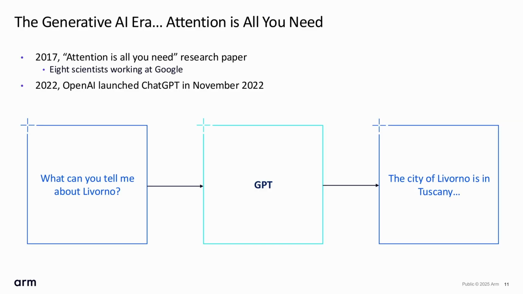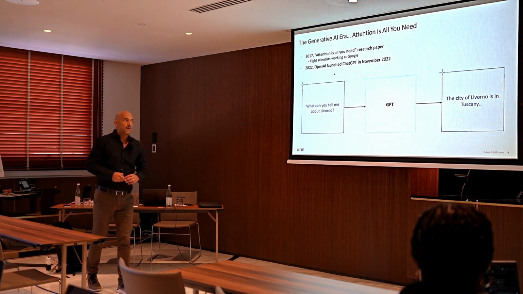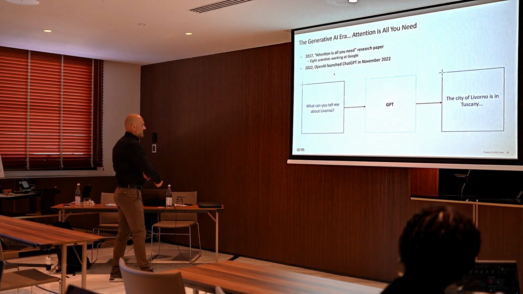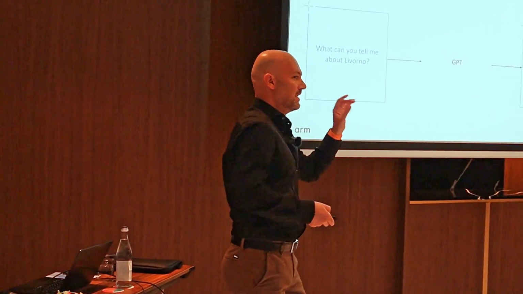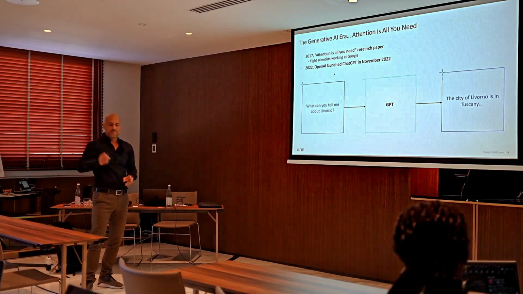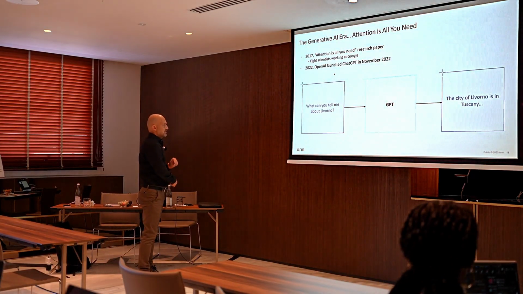Livorno is a city in Tuscany, blah, blah, blah, and it can give you information about it. But GenAI is basically more than that, but at least in 2017, that was probably the killer application, I would say. Although nowadays it is not just about this.